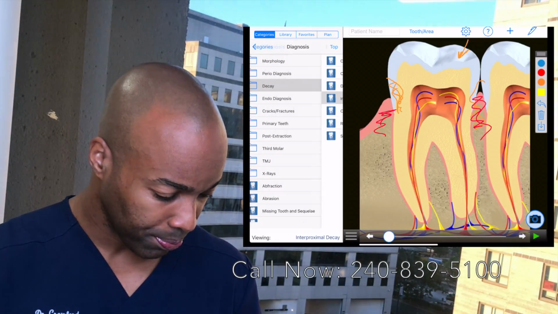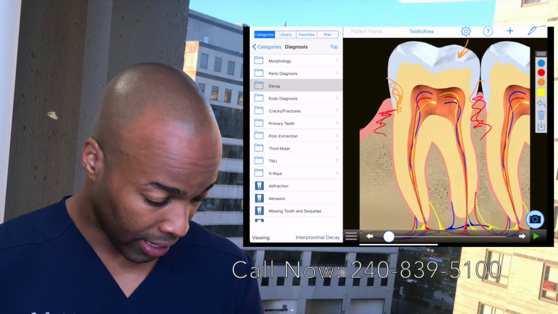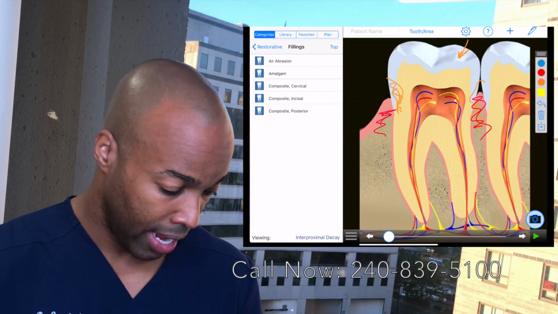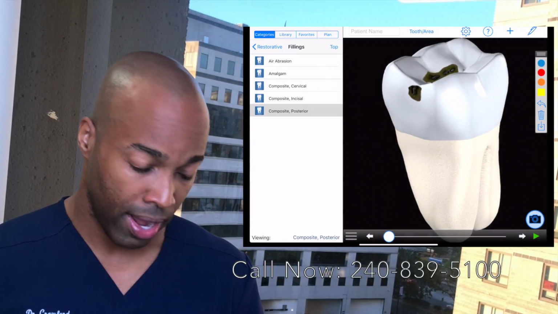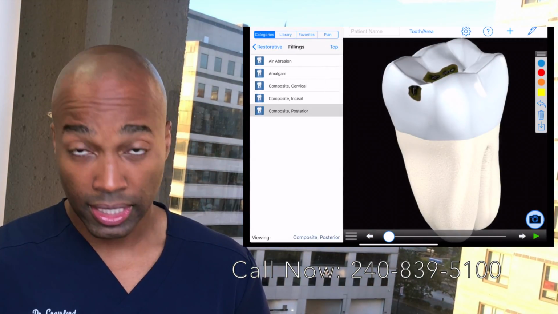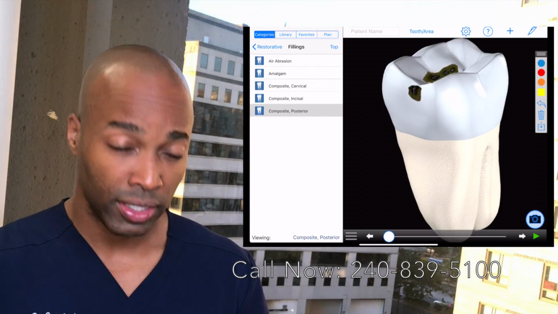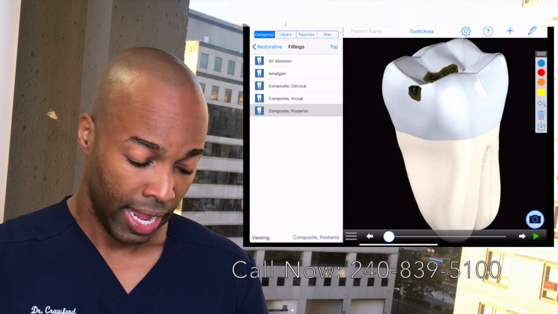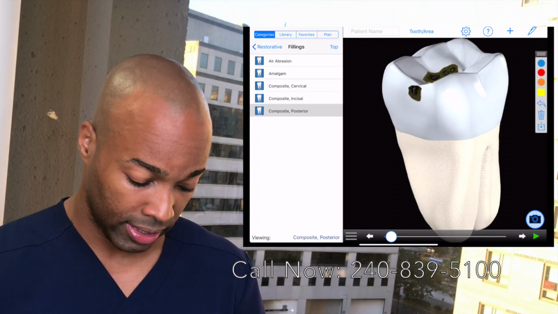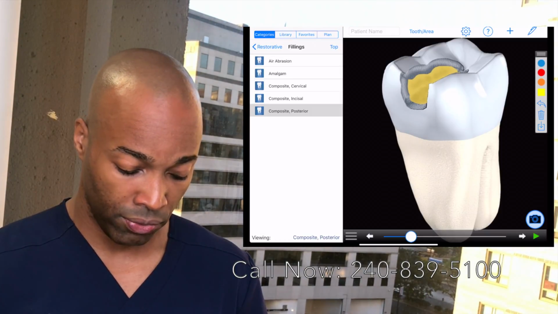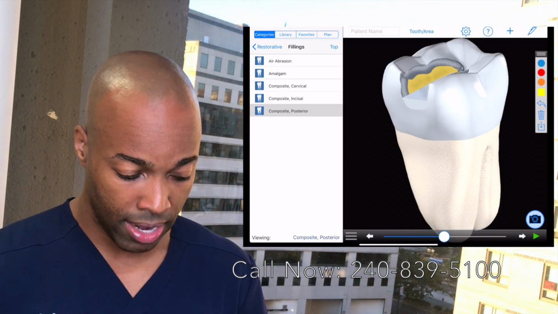Let's move on. When you have decay, one of the things that can happen is that you will need a filling. So let's talk about fillings. Very basic. Okay, this goes back to what we were saying. The acid has been left on the tooth, and we are going to then decide to take that material out. We're going to take that material off of the tooth, and then layer by layer, okay?